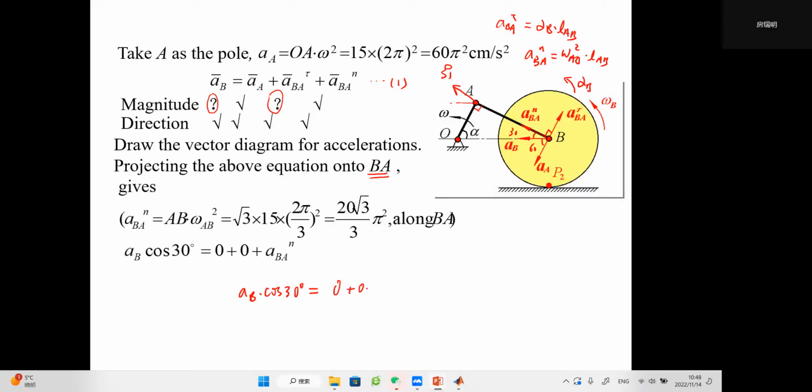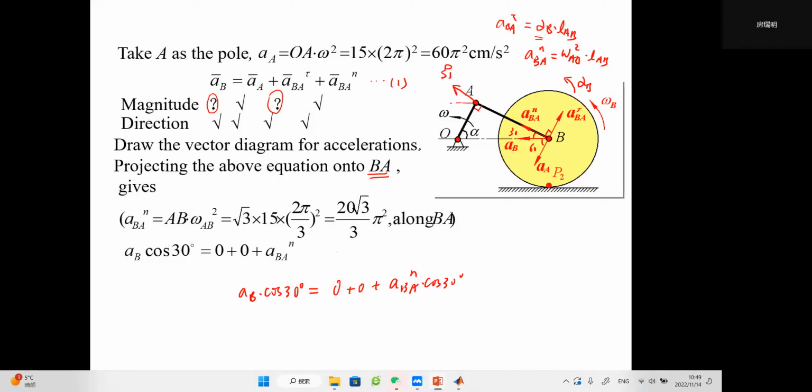And here 0, and ABAN times cosine 30. Although we can do this projection, it's invalid. Actually we will try to find this alpha B, so we will try to find ABA tau, right?